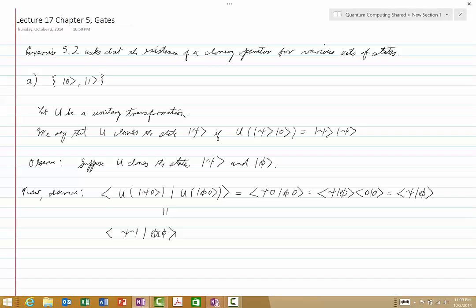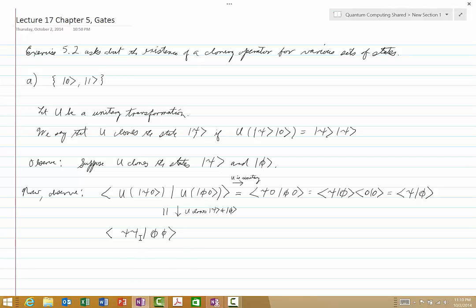So this is what we get when we use the fact, let's just make sure this is very clear. When we go in this direction, we're using the fact that U is unitary. But here, we're using the fact that U clones psi and phi.